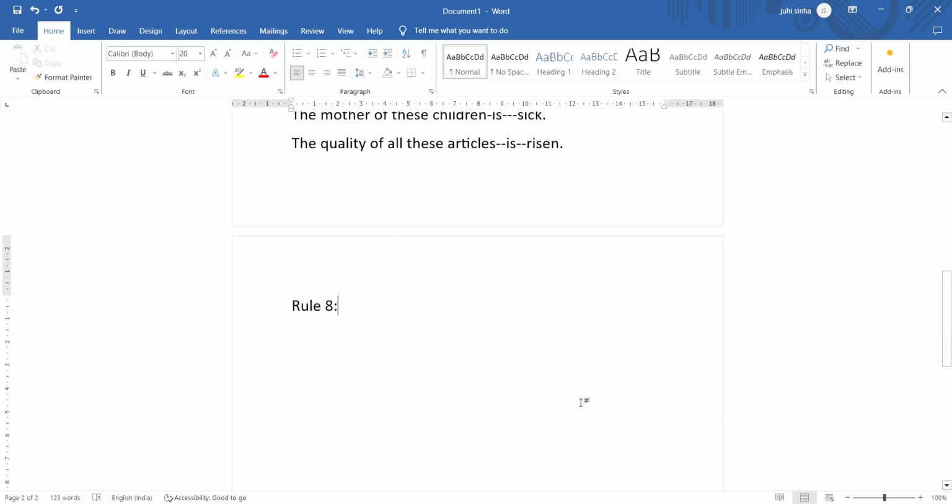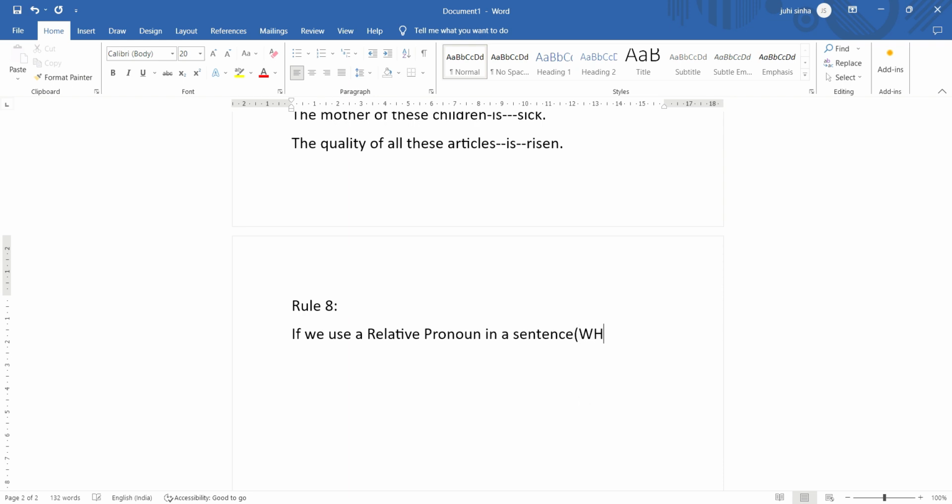What does rule 8 state? Rule 8 states that if we use a relative pronoun in a sentence, now it's very important to understand what I mean by relative pronoun.